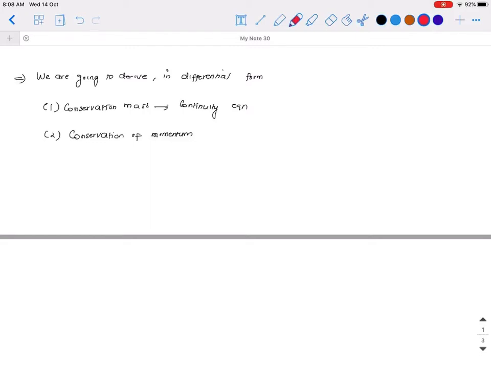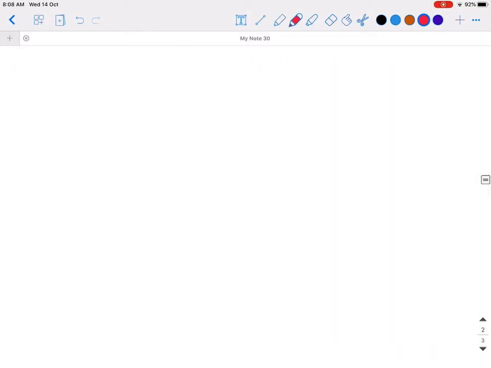These two combined form the most important equations in fluid mechanics. Together they are called the Navier-Stokes equations. So we are going to talk about this in this chapter. Let us start with the conservation of mass.